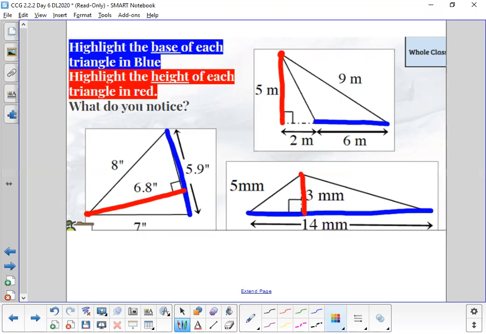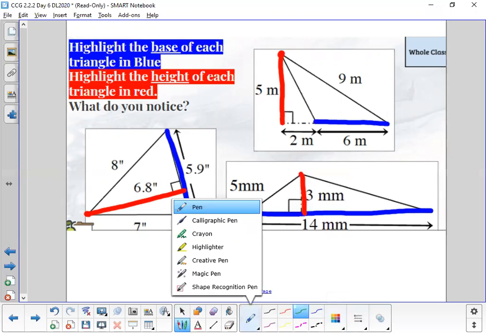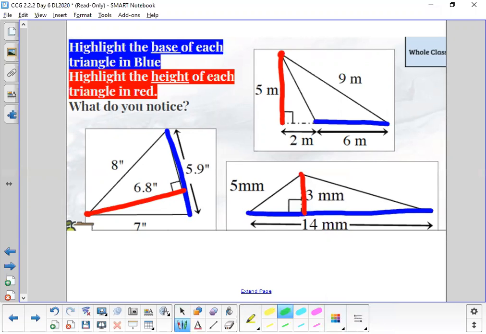So sometimes our height is inside the triangle, and sometimes it is outside of the triangle like this one. The most important thing is that your base and your height have to be perpendicular to each other. And the height has to come from the vertex across from the base.